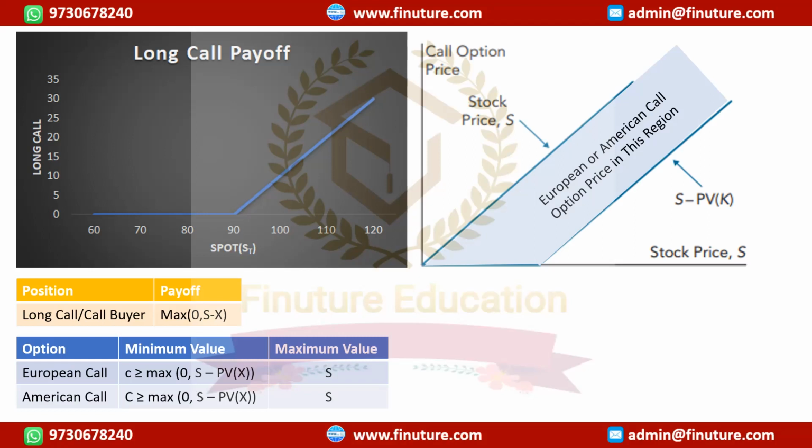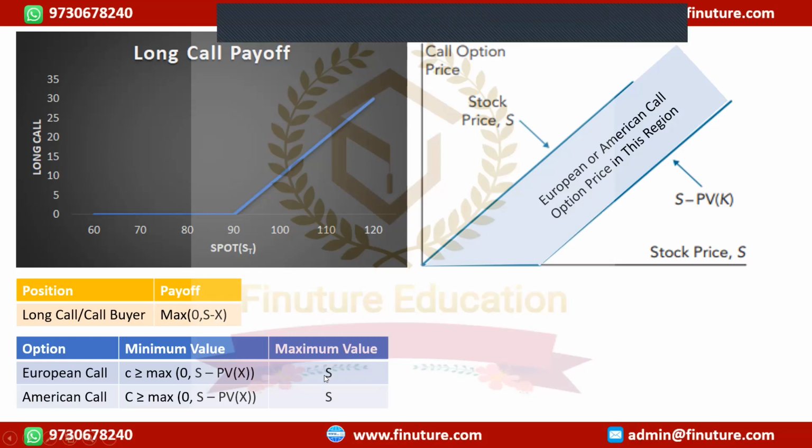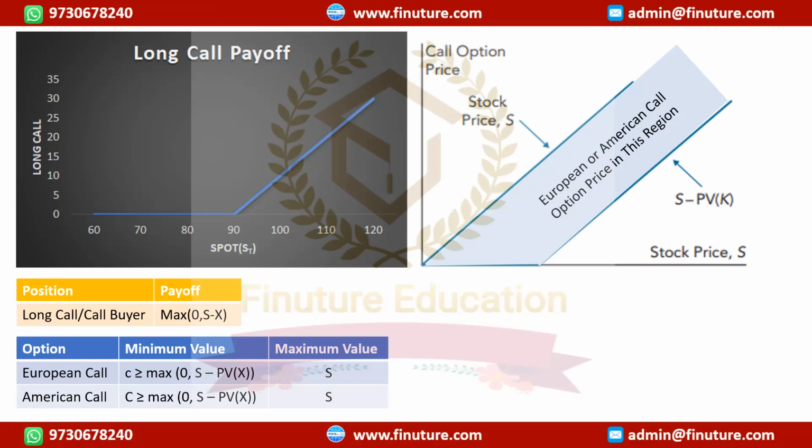First we will explore call option bounds. A very easy argument can be given for a call option. Initially I'm touching upon the maximum value. Say, for example, I tell you that here is a call option priced at $100, and underlying that I offer you the same underlying at $100.